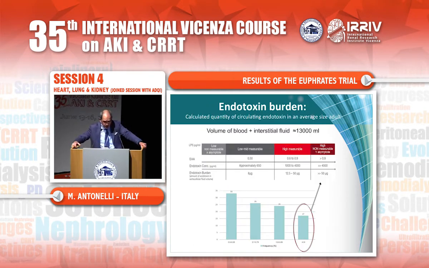But looking at the burden of endotoxin that can be calculated, taking into account an average-size adult, you can see that as soon as you look at the high, non-measurable asymptotic portion of the curve I alluded to, you may get an amount of endotoxin which is very, very high and may largely exceed the capability of the cartridge to absorb the endotoxin efficiently.